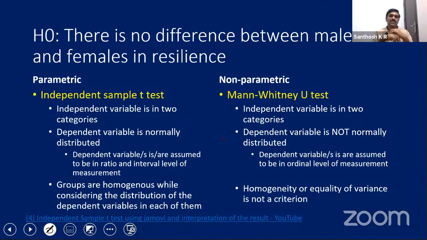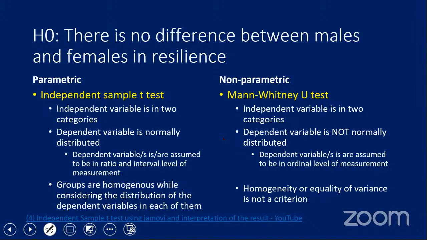So if we are comparing an independent variable with nominal level of measurement and a dependent variable with interval or ratio level of measurement, then we will use the independent sample t-test as a parametric statistic. Can you repeat that? Yes, I will repeat once more.